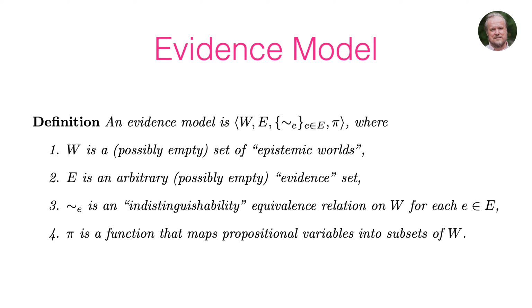Let me talk now about the more formal part of this work, and I will start with the evidence model. In this work, we use models which are somewhat different from the ones you might be familiar with from the work of Johan van Benthem and Eric Pacuit. Their approach was targeting beliefs, and they developed evidence-based semantics for beliefs.